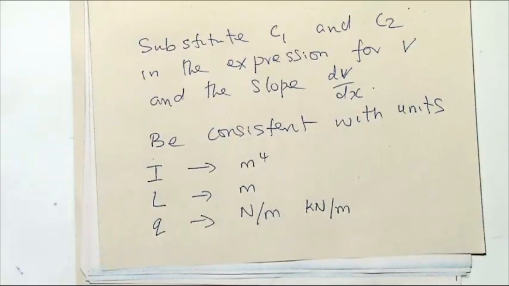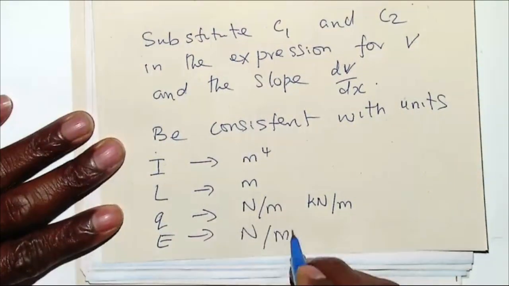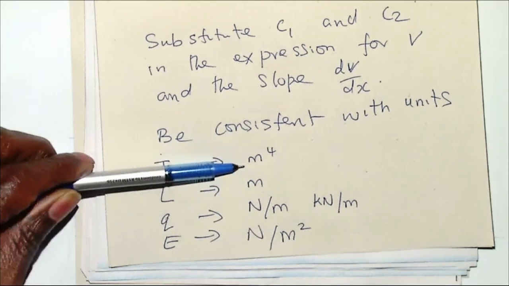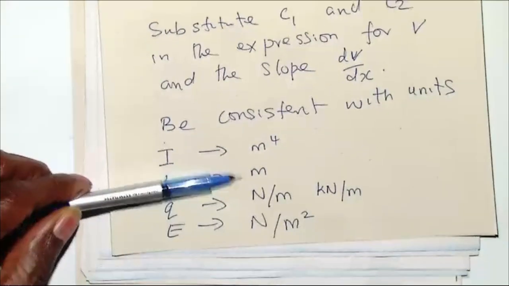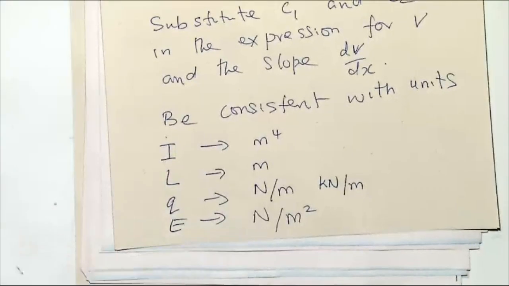And the Young's modulus has to be in Newton per meter squared. Don't mix meters and millimeters. If you want to use length in millimeters, you have to make sure that everything is the same. If that is in millimeter to the power 4, that has to be in millimeters. That has to be Newton per millimeter. That needs to be Newton per millimeter squared.